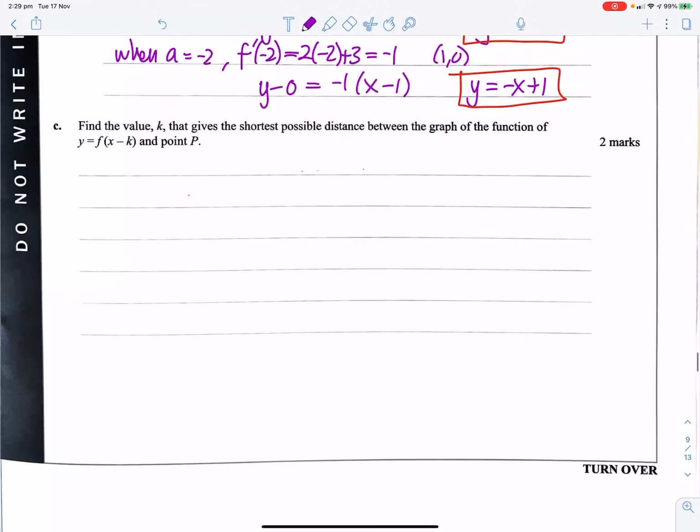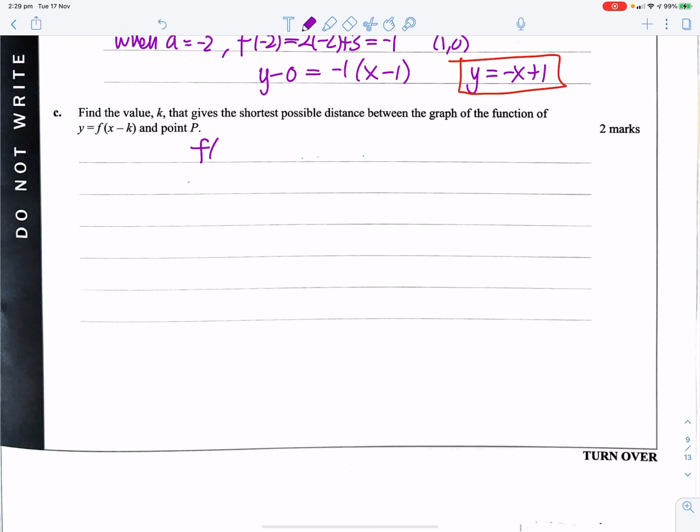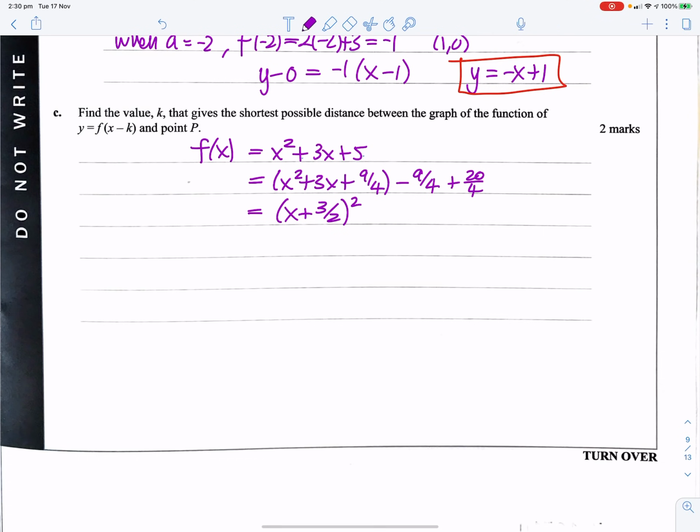So we've got f of x equals x squared plus 3x plus 5, which is x squared plus 3x plus 9 on 4, minus 9 on 4, plus 20 on 4, which is x plus 3 on 2, squared, plus 11 on 4.